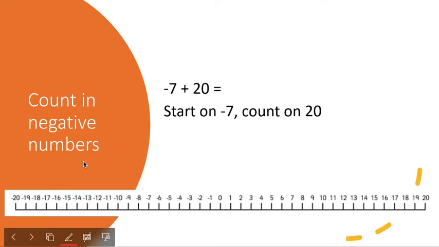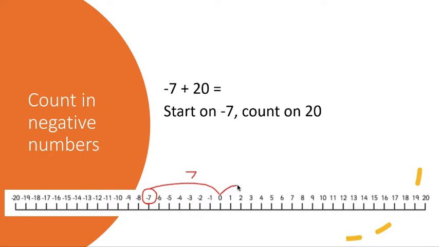Okay, working it out together. We start on minus 7 and we want to count on 20. Instead of counting on individually, I'm going to have a go at doing some larger jumps. First of all, I'm going to count on 7. Then I'm going to count on another 3. So far I've counted on 10, but I want to count on 20.